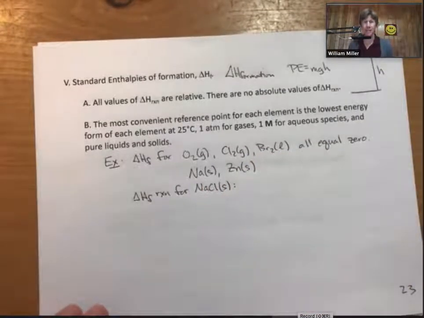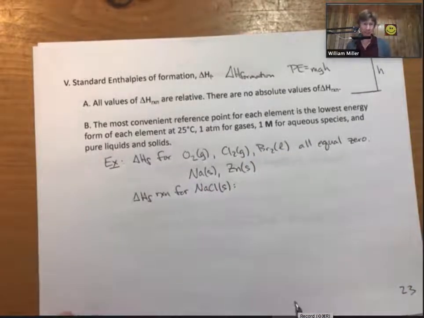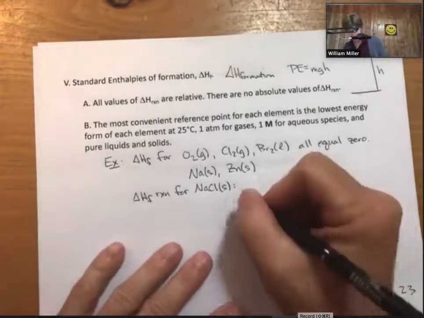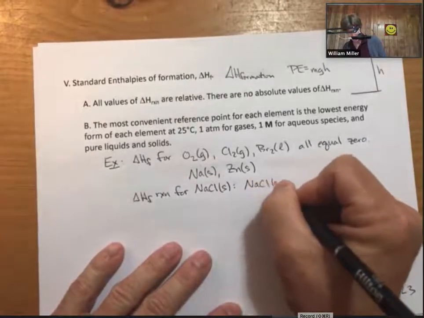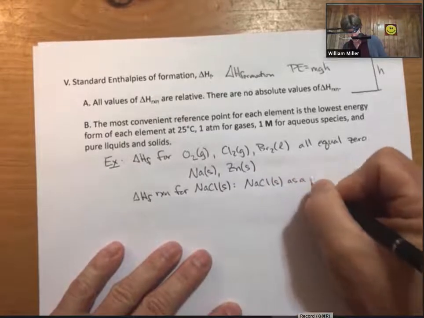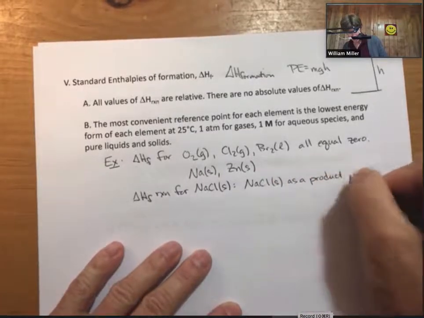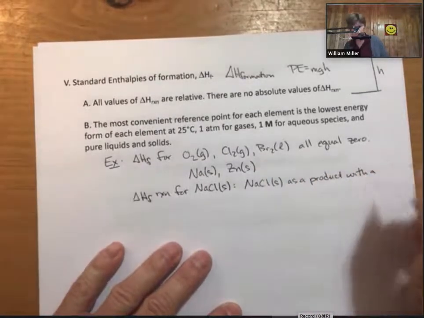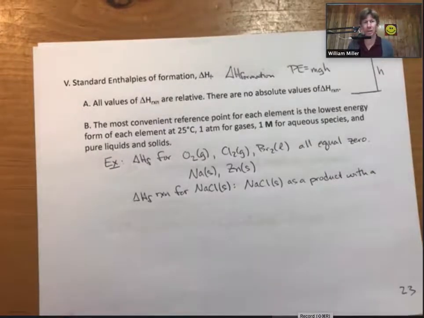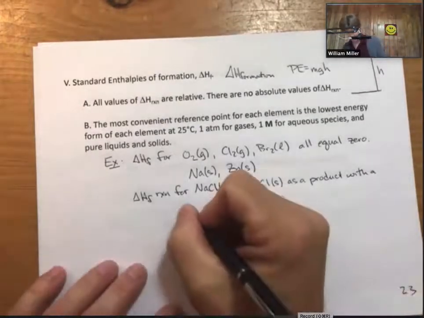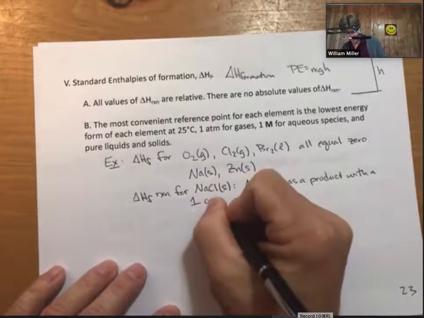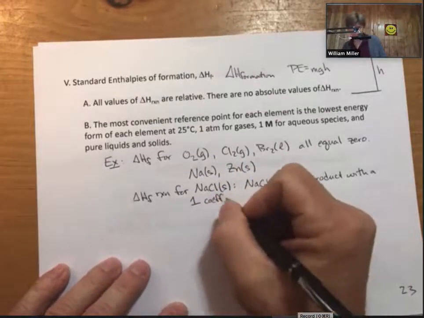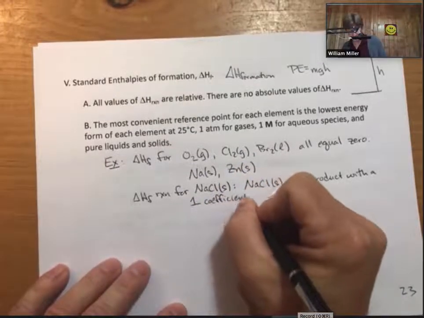And a delta HF reaction for any material has that material as a product with a 1 coefficient, because we are forming 1 mole of it.